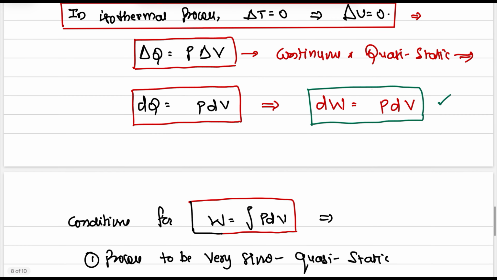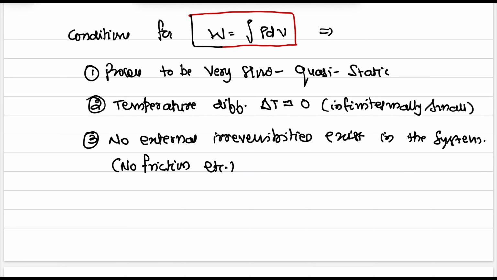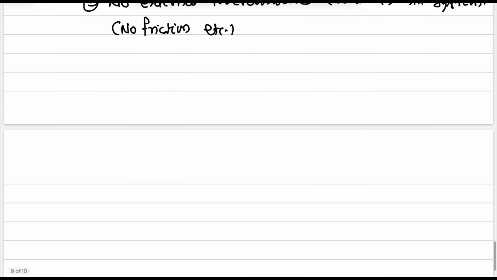Sorry for that. W is equal to integral P dV. No friction. And under these conditions, the isothermal reversible process takes place.